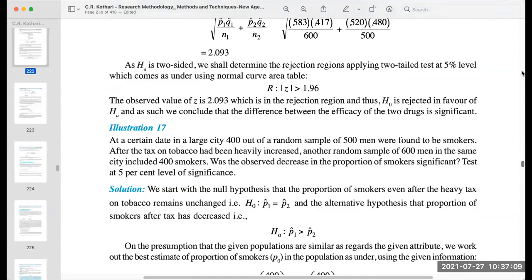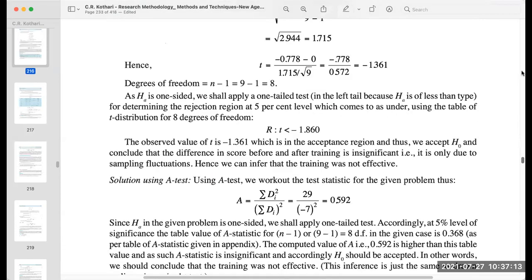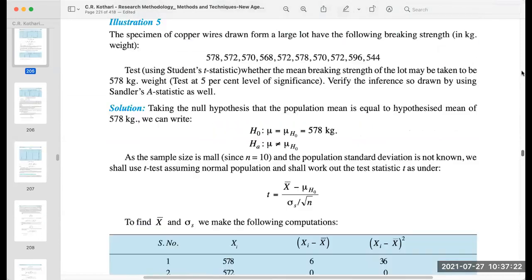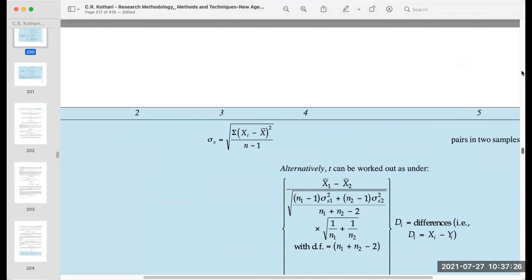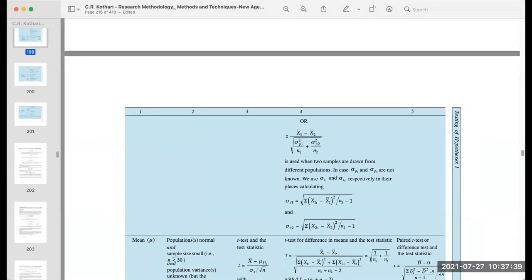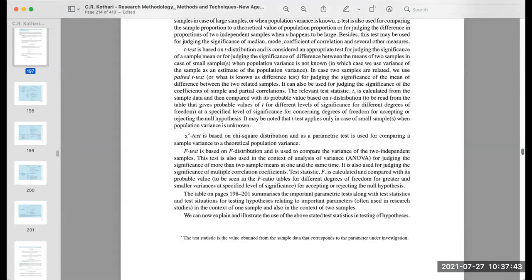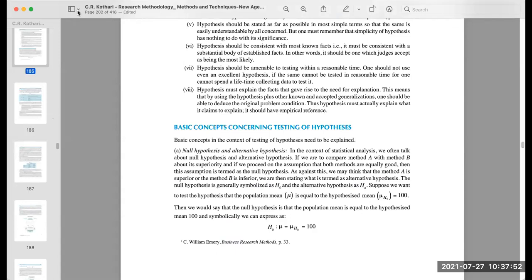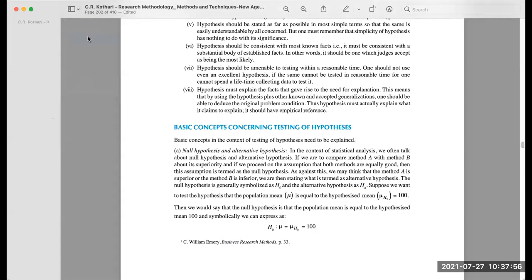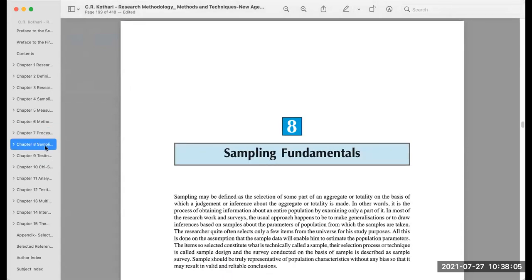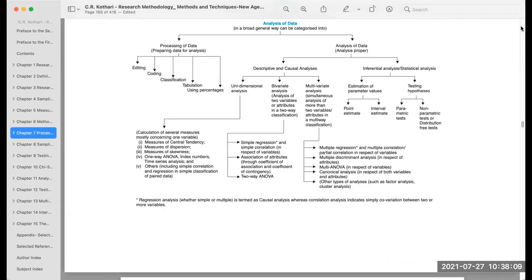Let me see if that is given in this. Yeah, this chart I wanted to show you.